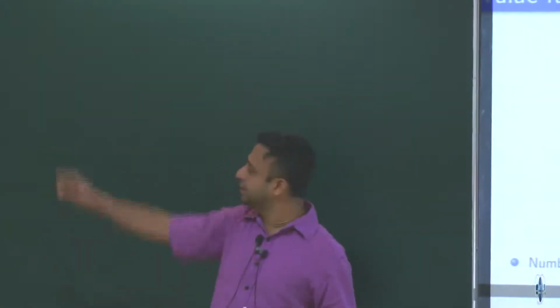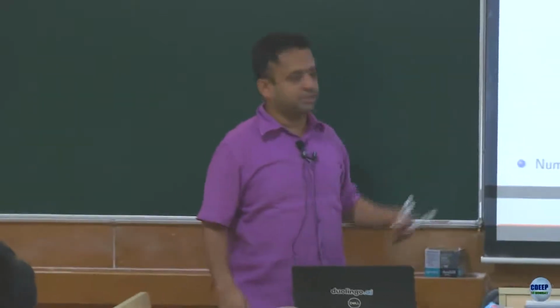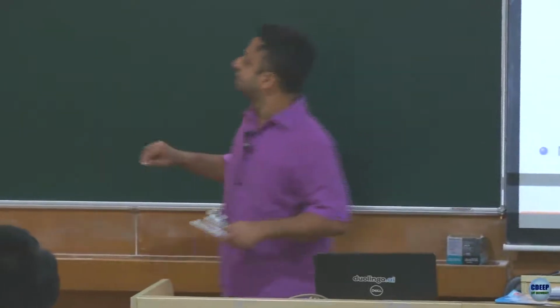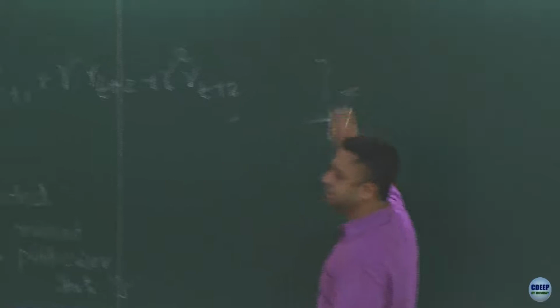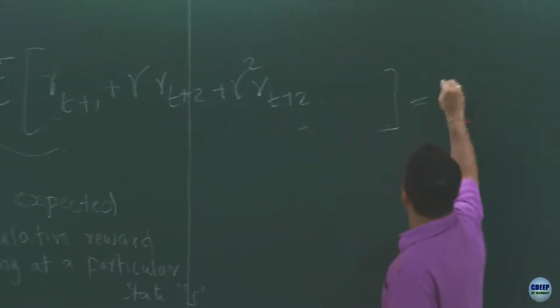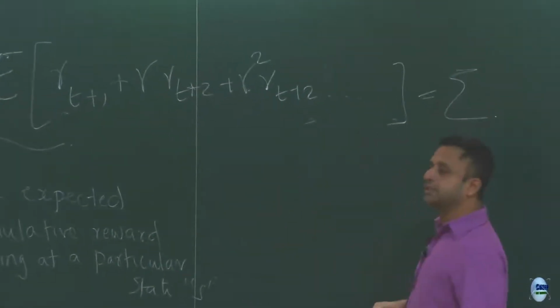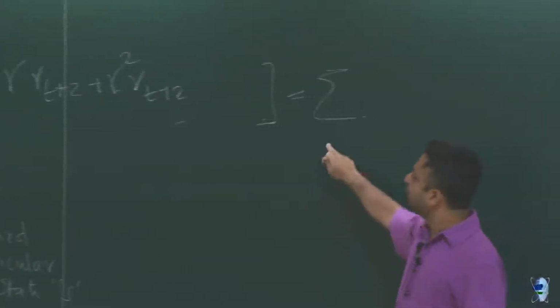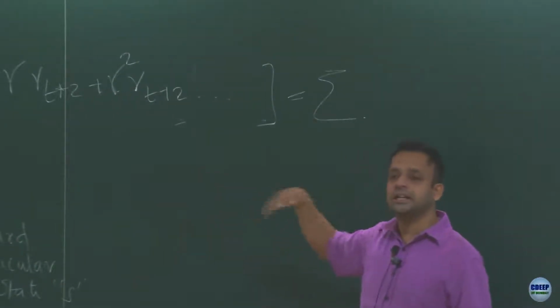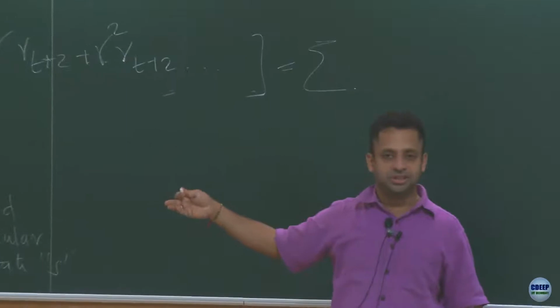So this is how the values have been computed at each of these steps. And the last class we said this value could be expanded in an interesting way, which is you look at all the possible next states that you could transition to, right?